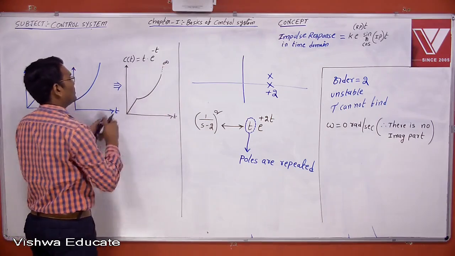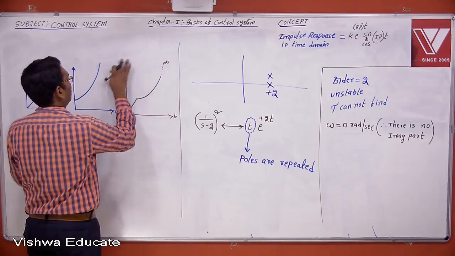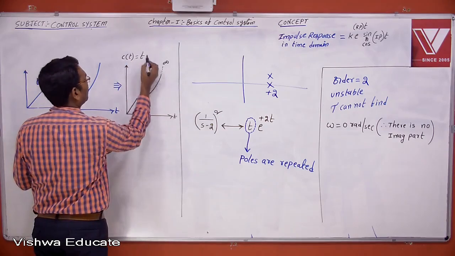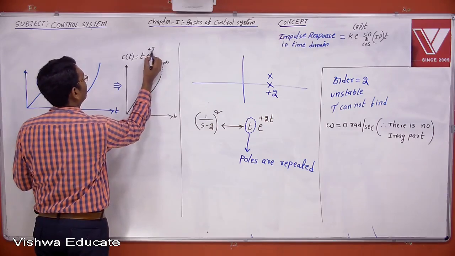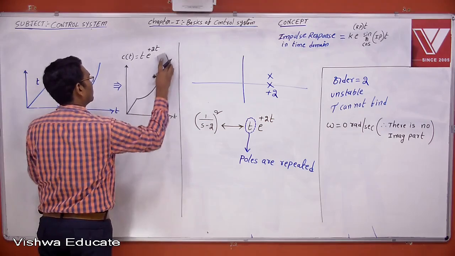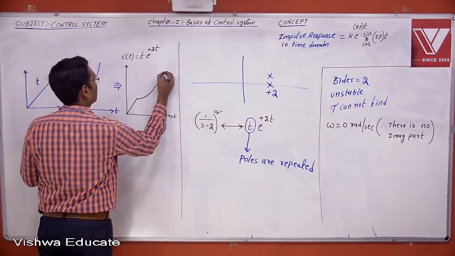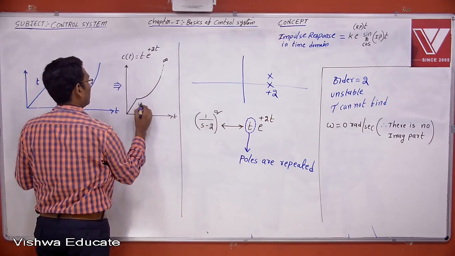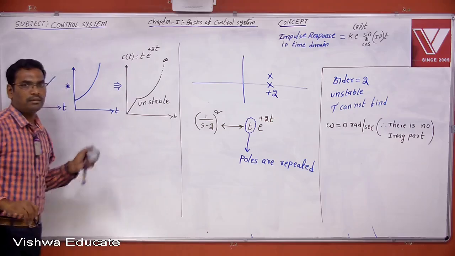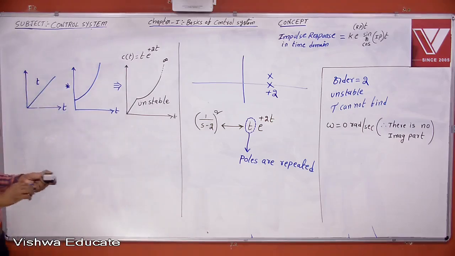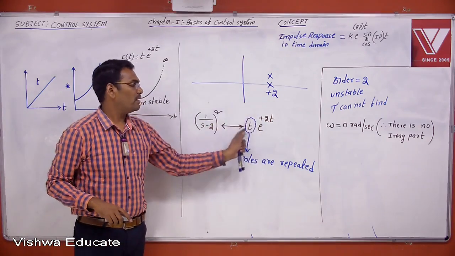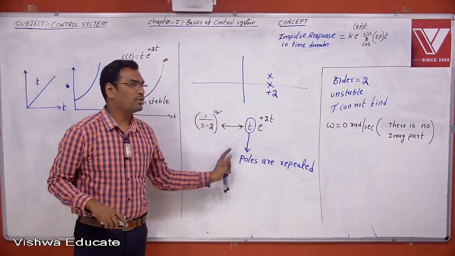That's why the system is unstable. Now c of t is equal to t into e power plus 2t, which is unstable. Okay, then you take this one. The same. Then only one point you remember: if a t term is coming, the poles are repeated.